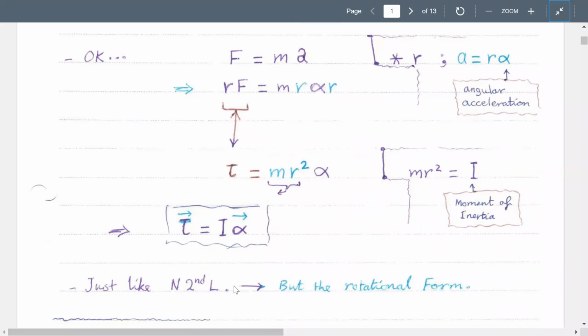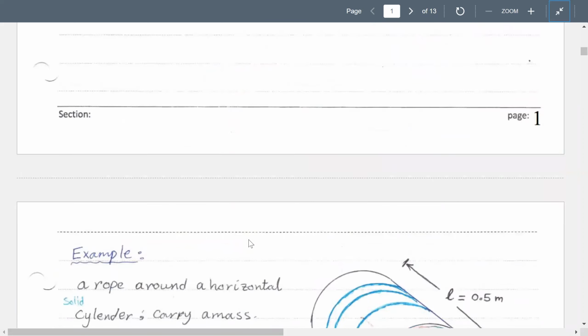It is just Newton's second law, but in rotational form. It is just mass multiplied by acceleration in rotational motion. Any question about this? Just if you remember this one, you have to remember this one. It's simple. Okay? Now, we have an example.